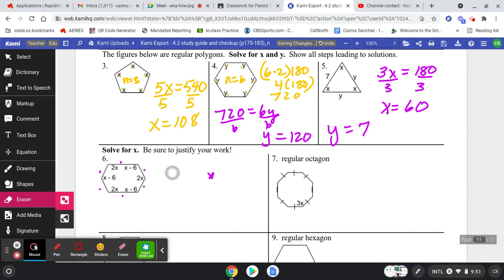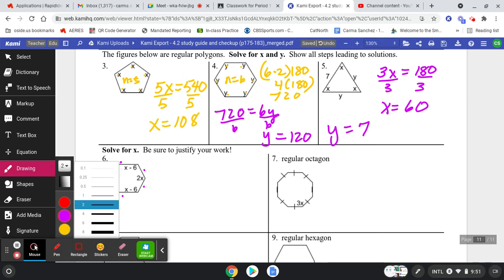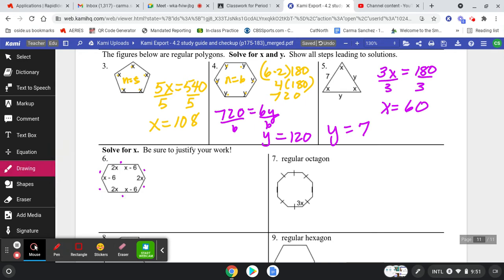Let's write smaller. 2x plus x minus 6 plus 2x plus x minus 6 plus 2x plus x minus 6. All of that is equal to 720.